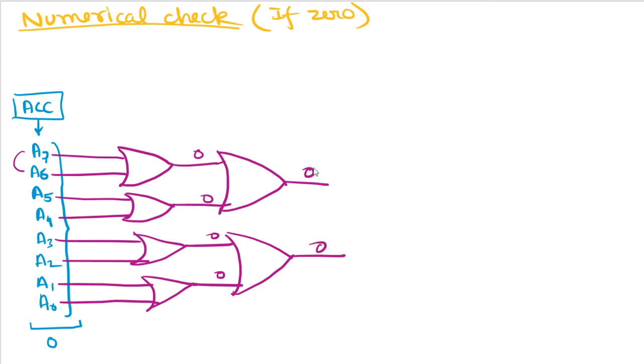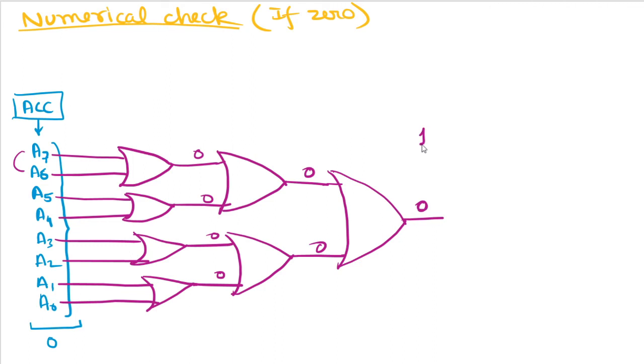The only way the result here will be 0 0 is when all these bits are 0. Similarly, if we pass these two results through an OR gate again, we will get just one value, which will be either 0 or 1.